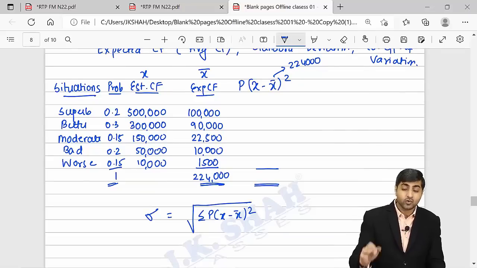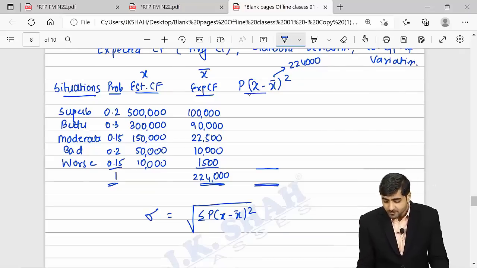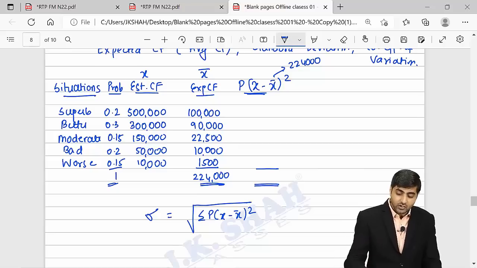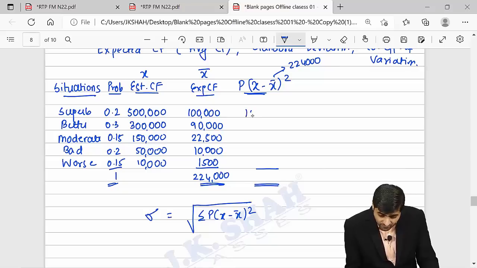So guys, you can now use the memory function of your calculator in the most efficient manner. What is given to you is your 5 lakh minus 2,24,000. So that will be 2,76,000. You have to square it and then multiply that by your probability of 0.2. So you will be getting here 152352 and 5 times 0.